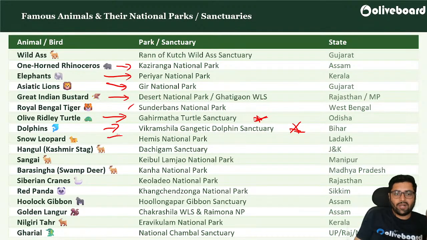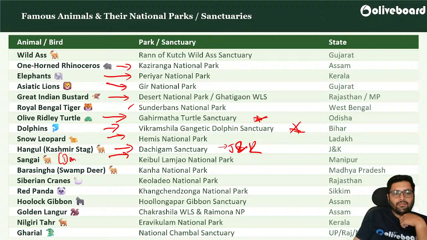Then we have snow leopard again, Hemis National Park. Correct? Hangul, Dachigam. It is in Jammu and Kashmir. Then we have Sangai deer, Keibul Lamjao. It is also called dancing deer. Barasingha, Kanha. Siberian cranes, we have Keoladev National Park.